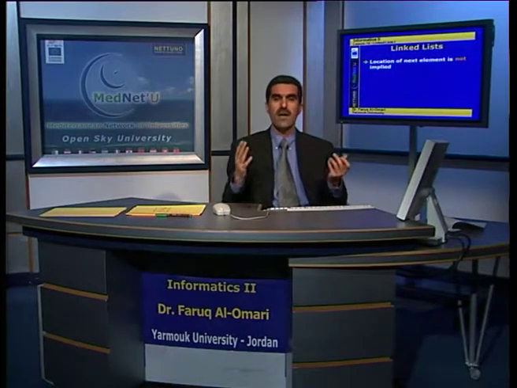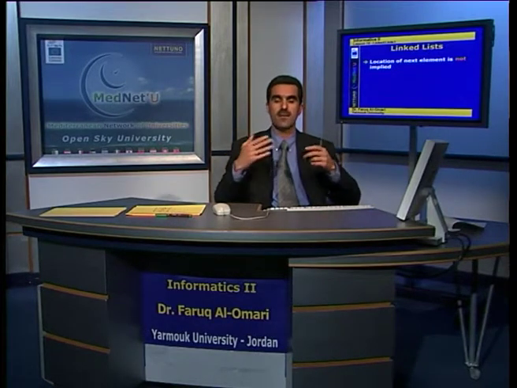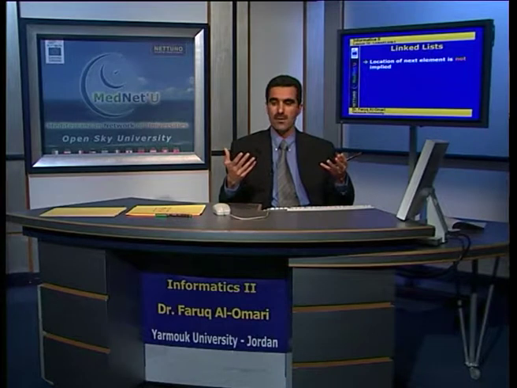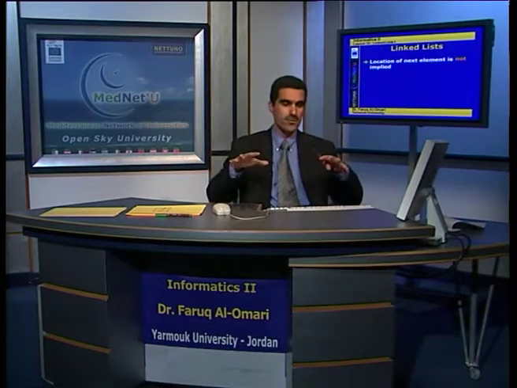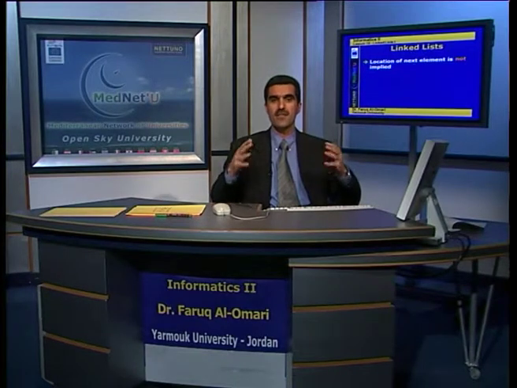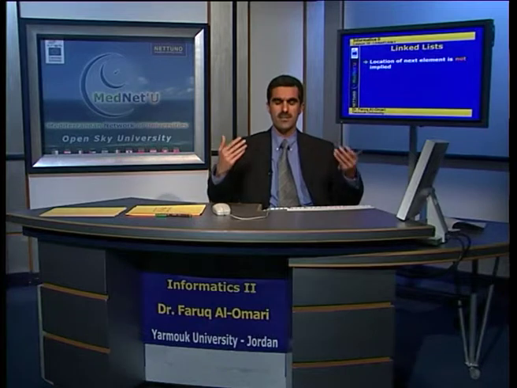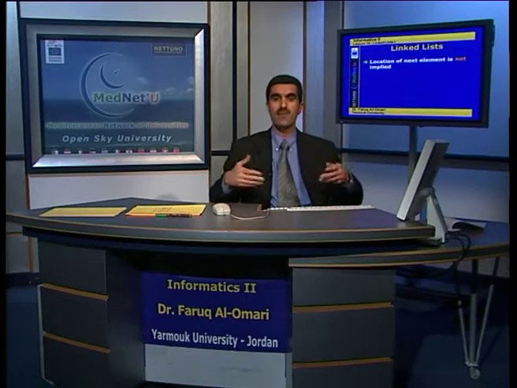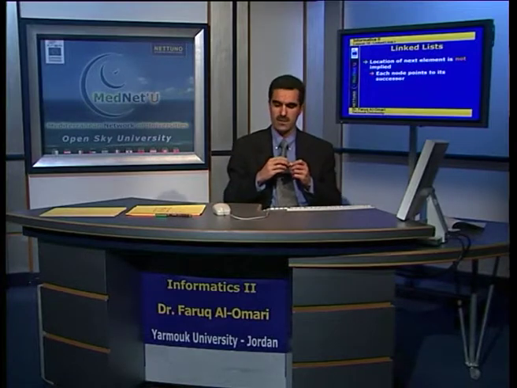Of course, I have to know where it is to be able to access all nodes in the list. And then I have to find some sort of mechanism through which I can go from one node to another. So the story here is a little bit harder than the case of the array. It's not as simple and straightforward as that, but we're going to find a simple way of doing that. Let's see how we're going to do that.